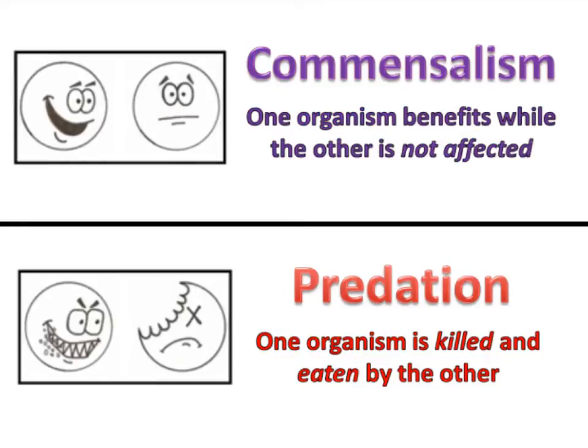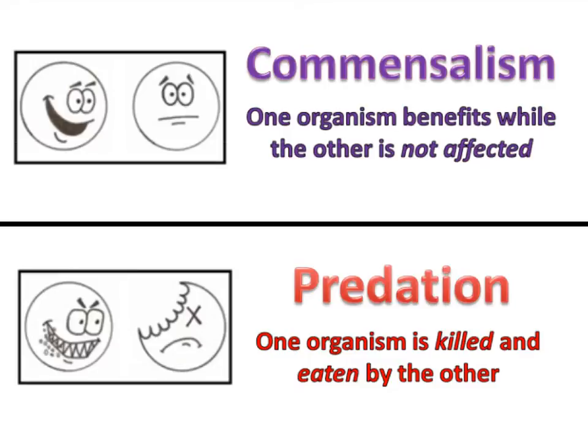Alright, so let's talk about commensalism. In commensalism, that's when one organism benefits while the other is not affected. Keyword, not affected. So, notice this organism is benefiting, it's happy, and this organism is nothing. It's not happy or it's not sad, it's just not affected.